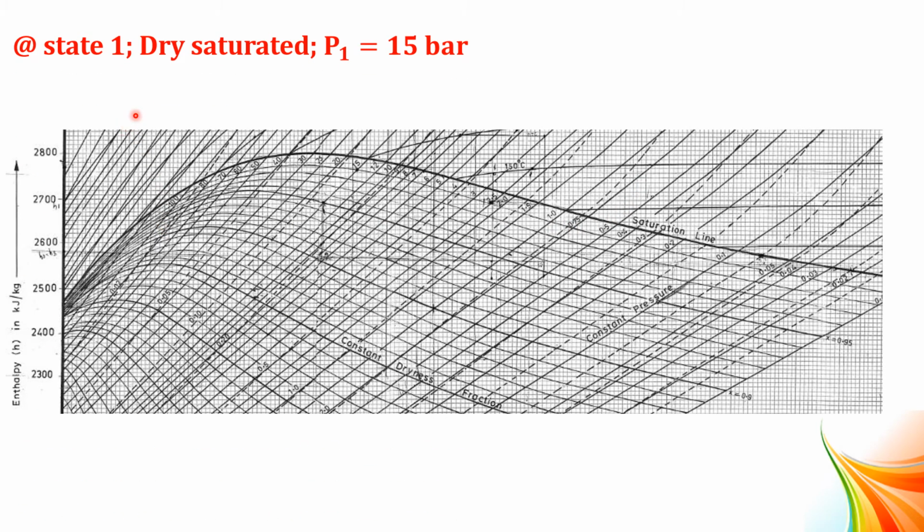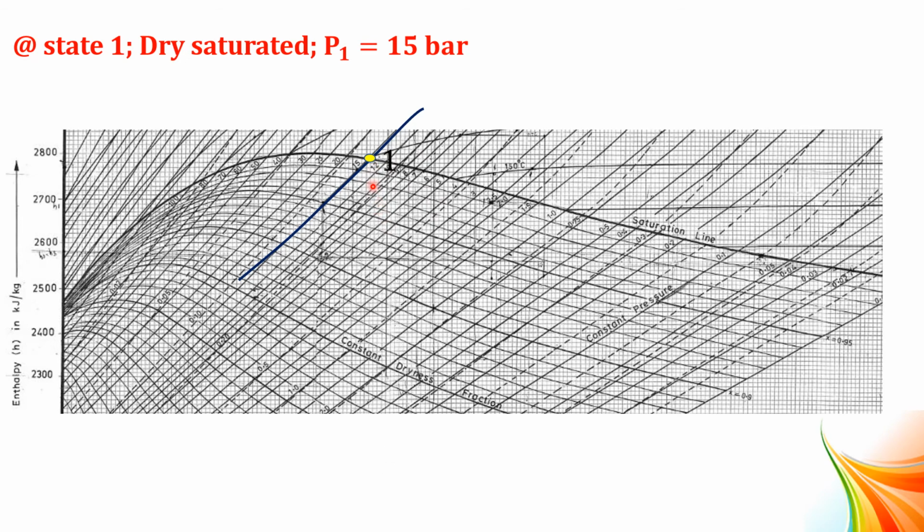In our problem they have given at state 1 the steam is dry saturated and the pressure P1 equal to 15 bar. So now we have to mark this point 1 on the Mollier diagram. See here, this is the 15 bar line and this is dry saturation curve. So both are intersecting at this point.